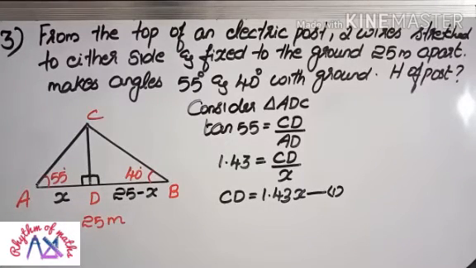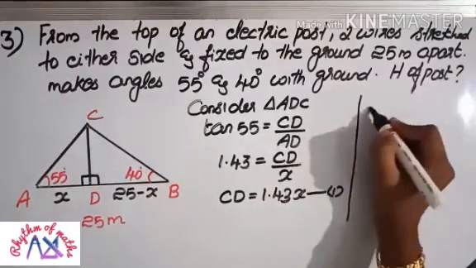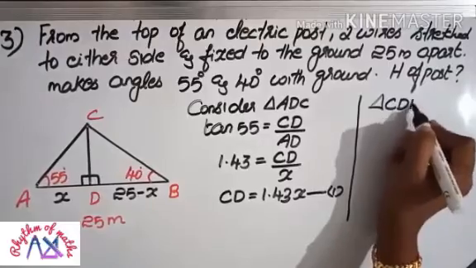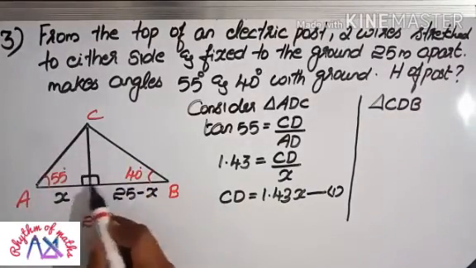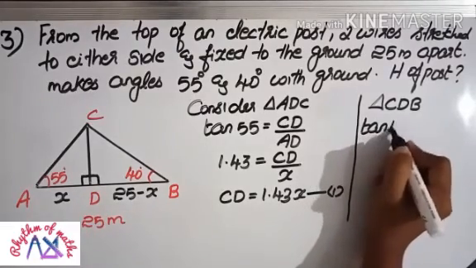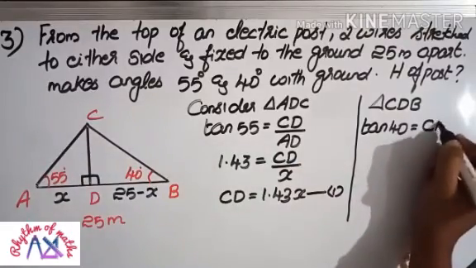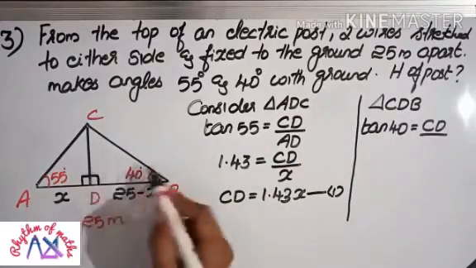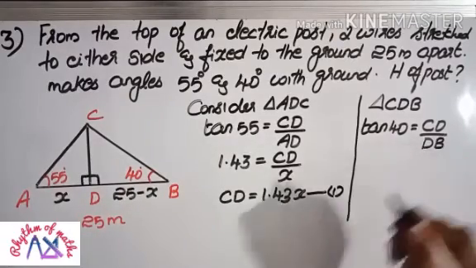Similarly we have to consider the next triangle, triangle CDB. Here also 40 degrees is given. The opposite side we need to find, the adjacent side is given. So tan 40 equals opposite side CD by adjacent side DB.